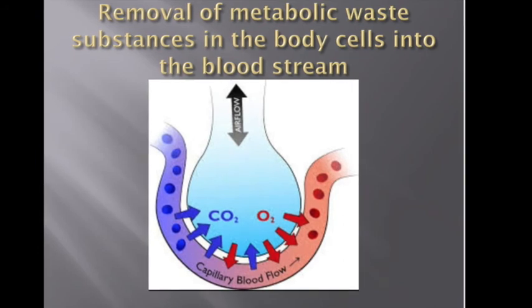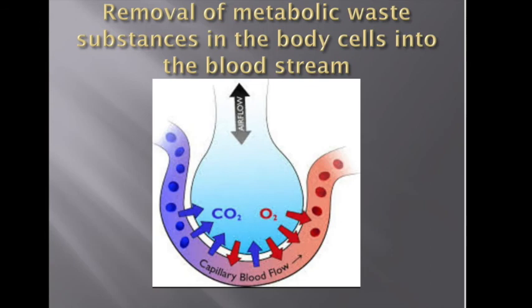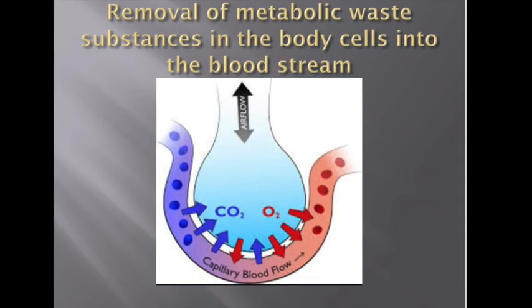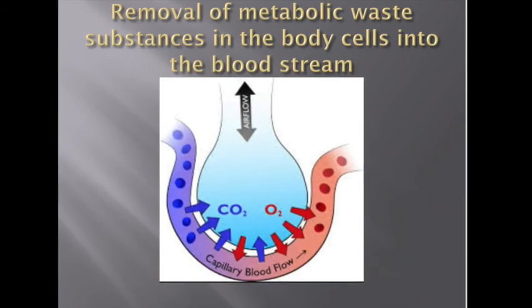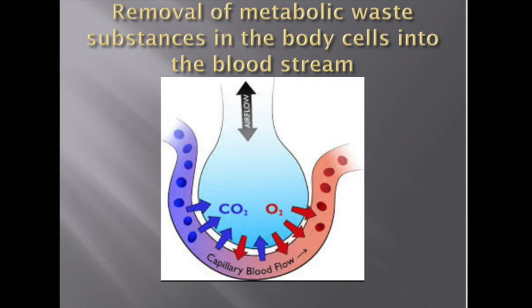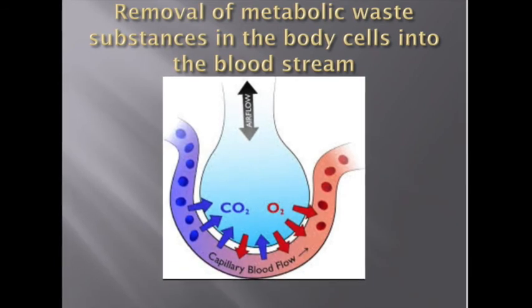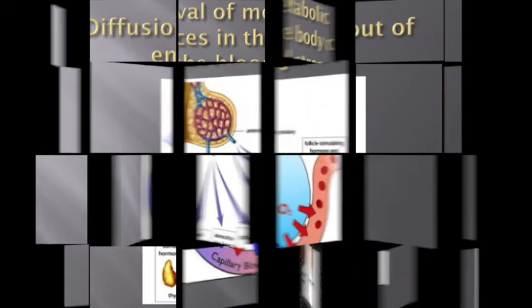In the diagram you will see the red arrows indicating the movement of oxygen gas into the blood capillary and the movement of carbon dioxide out of the blood capillary into the lungs. That is a typical example of diffusion in animals.